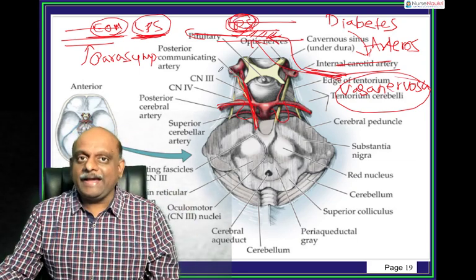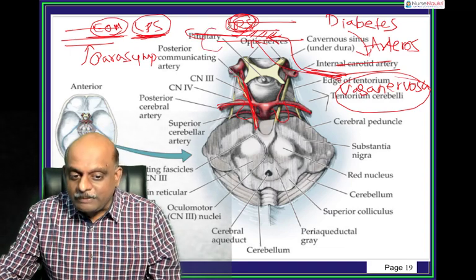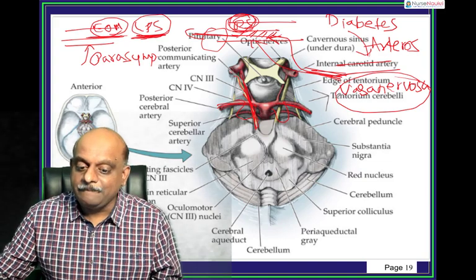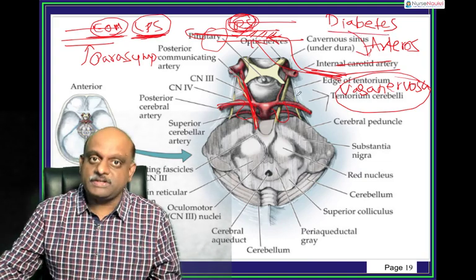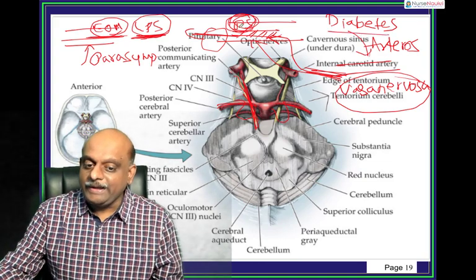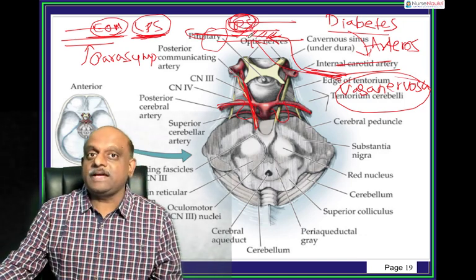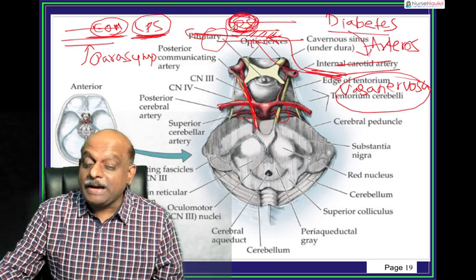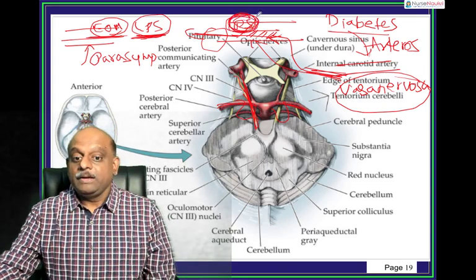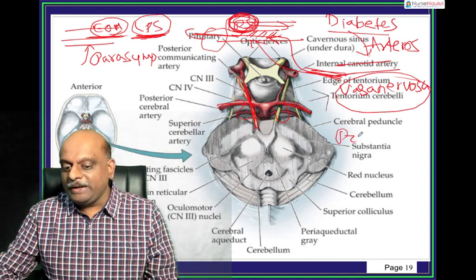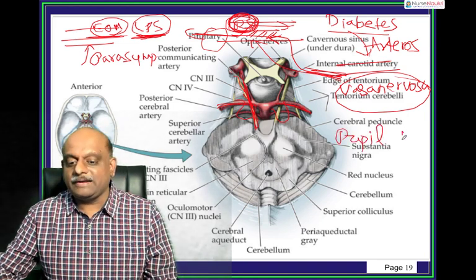So if the oculomotor palsy occurs because of diabetes, a medical cause, then the motor fibers are affected, but the parasympathetic fibers are not affected. If the parasympathetic fibers are not affected, then the pupil is normal, it is not mydriatic.